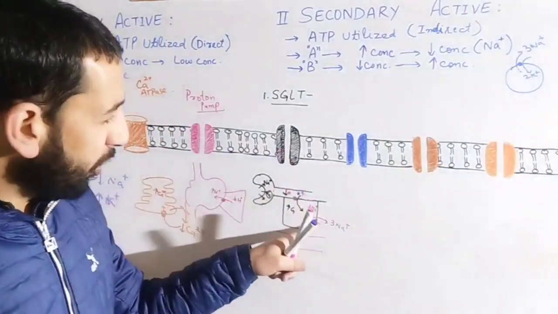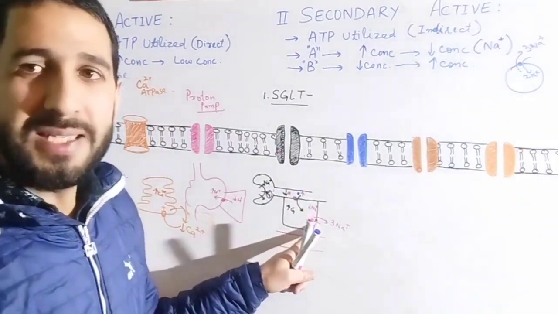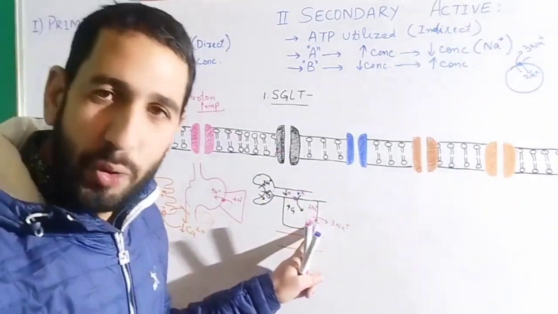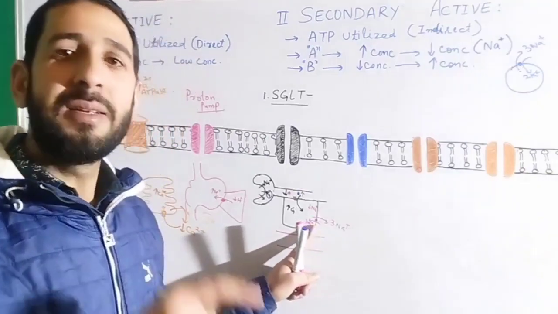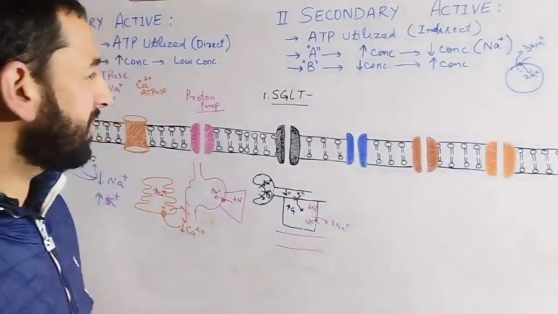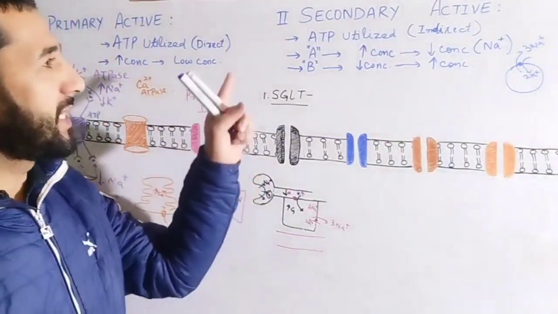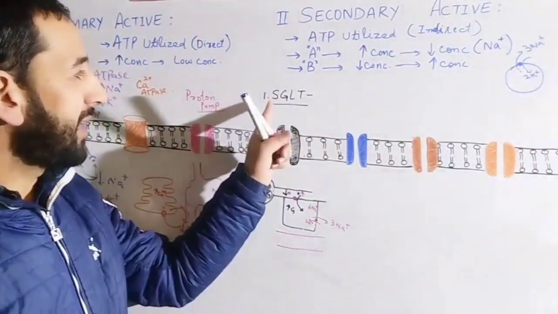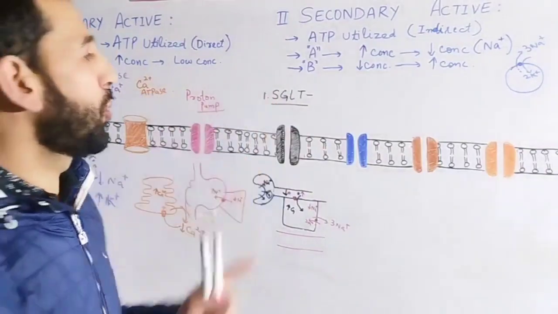So this sodium potassium ATPase is utilizing ATP so that the sodium glucose cotransporter can work properly. That is the first example of secondary active transport, and that is called the sodium glucose cotransporter.